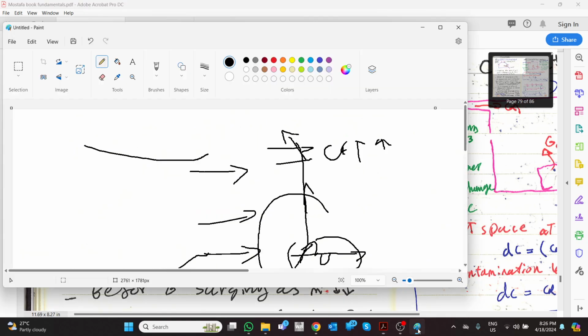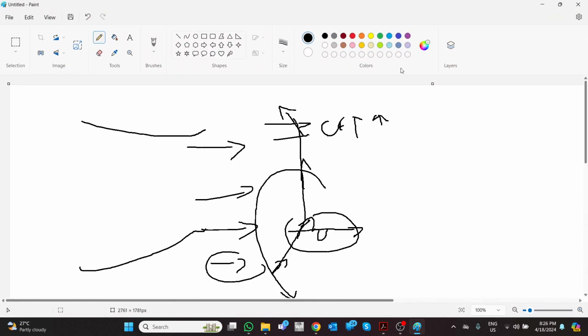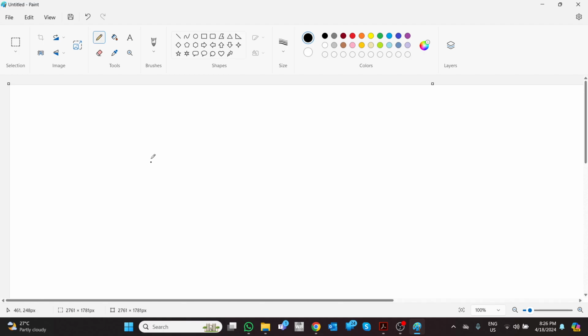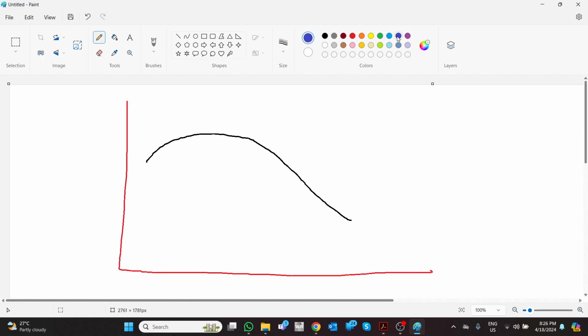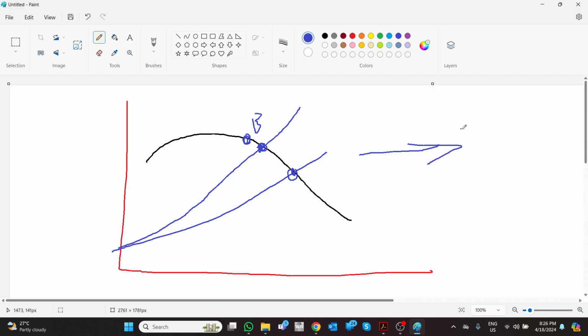I will draw it, maybe it will be better to understand. Imagine this is an HQ curve, and we already have a system curve here, and this is point B. So our system curve is after B. At part load, it will be like this. The new pressure is higher than the old pressure, so it will still overcome the duct.